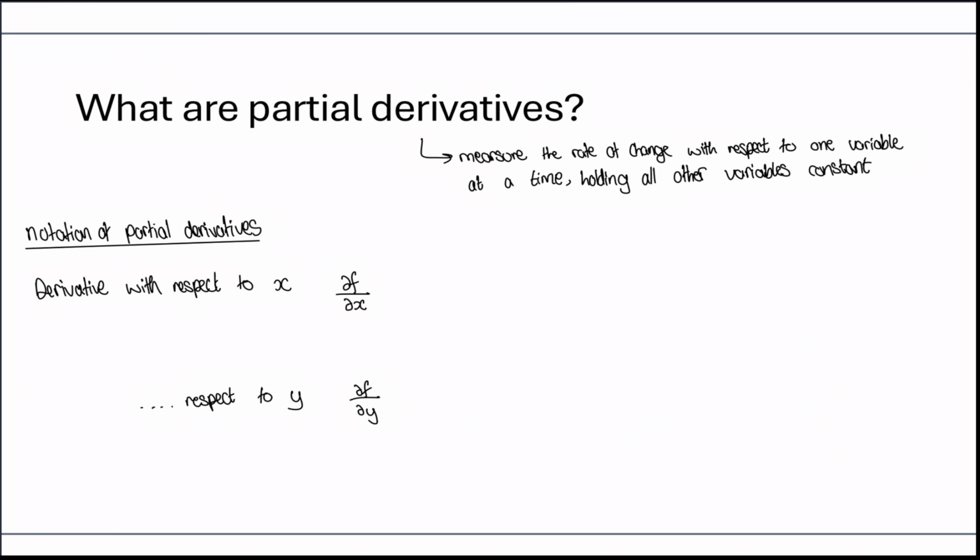So we use partial derivatives when we have a function of multiple variables so that we can just focus on one variable at a time.